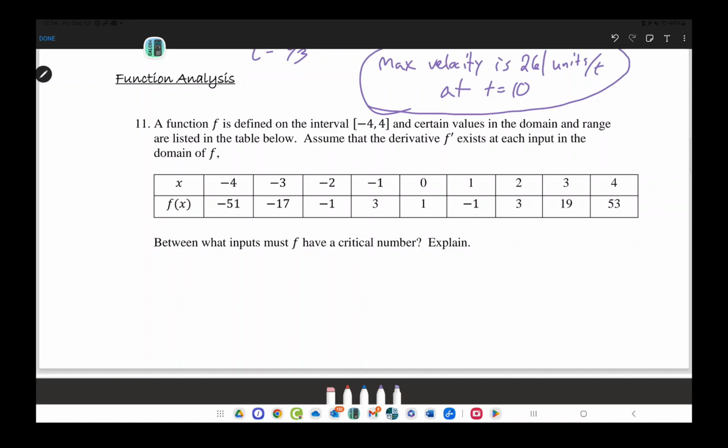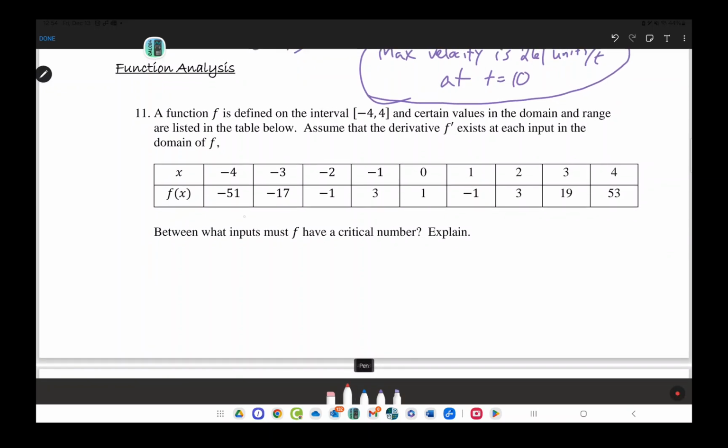Across the first intervals in the table it is increasing, so no critical values between them. Then negative 1 to 3, still increasing. But from 3 to 1, it is what? Decreasing.